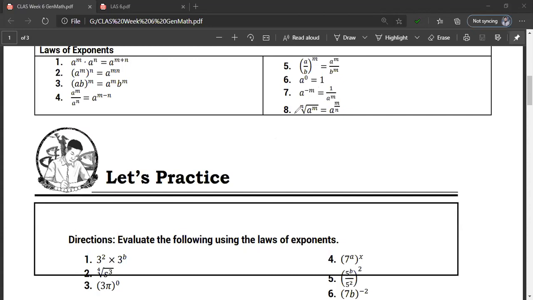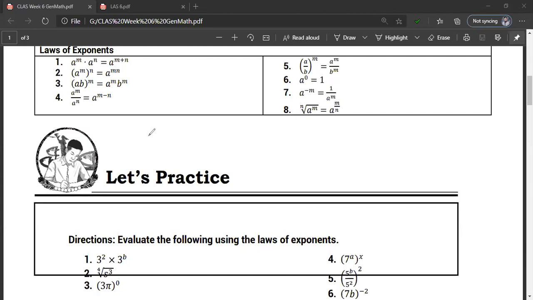Number 7. Ito usually yung na-encounter, di ba? Possible ba yung negative na exponent? Oo, possible. Kapag meron tayong exponent na negative, ang gagawin natin is reciprocate the number and then make the exponent positive. So, ang ating a raised to negative m would become 1 over a raised to m.